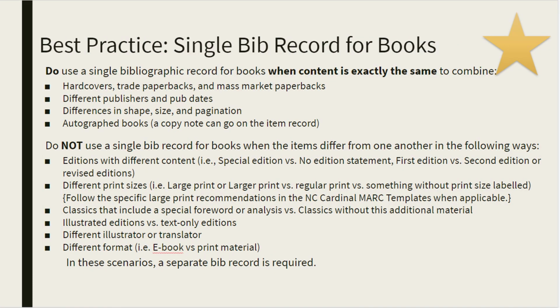Any kind of classic literature that has some sort of special introduction or marginalia, notes about reading it, anything like that is different from that same book without that stuff in it.